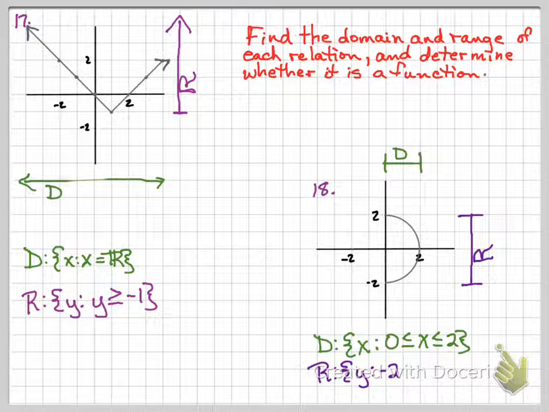Then it goes from -2 up, so -2 will be less than or equal to y, and then y will be less than or equal to 2 because our graph stops at 2.